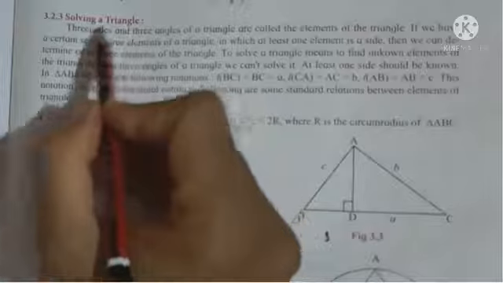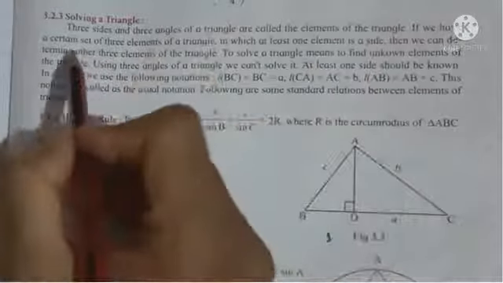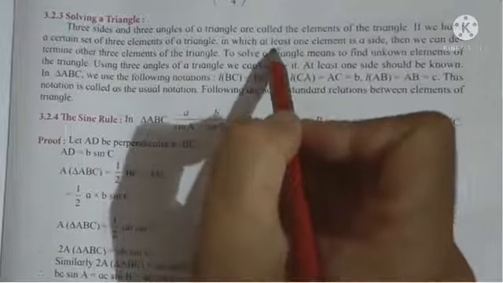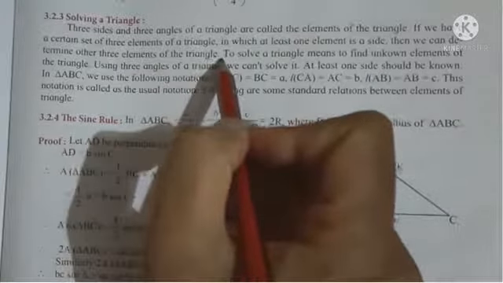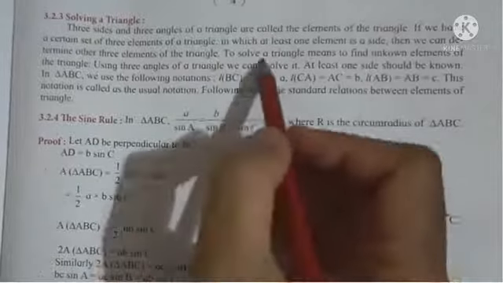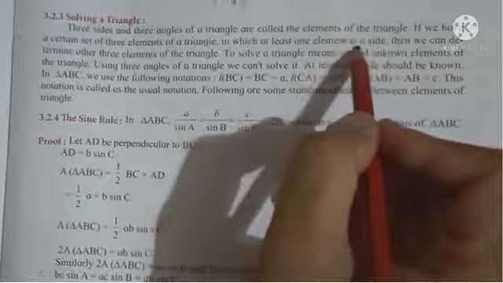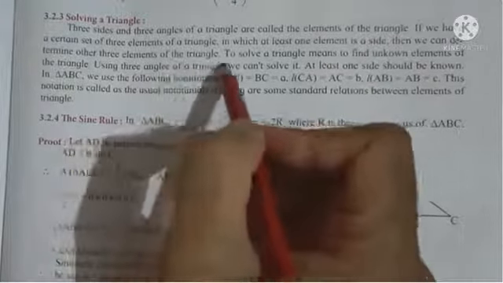Solving a triangle. Three sides and three angles of a triangle are called the elements of a triangle. If we have a certain set of three elements of a triangle in which at least one element is a side, then we can determine the other three elements of the triangle.